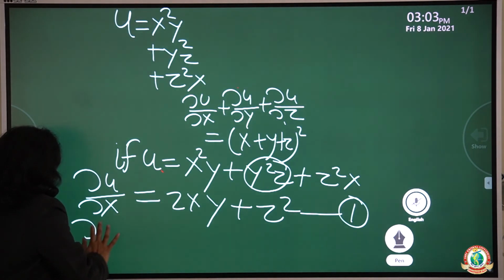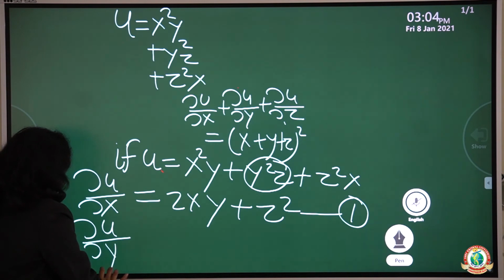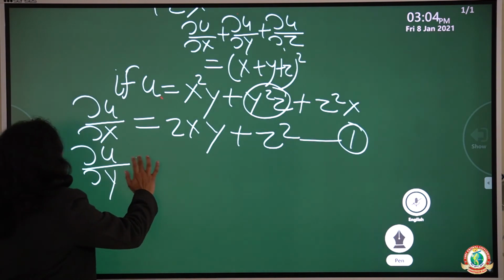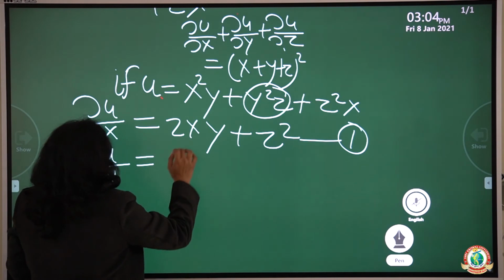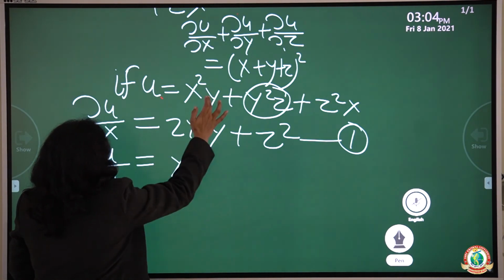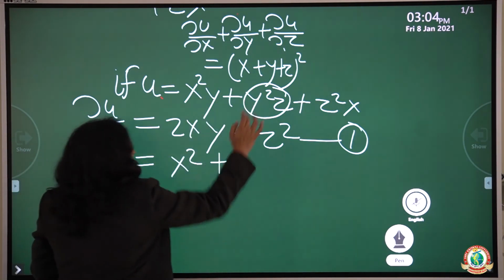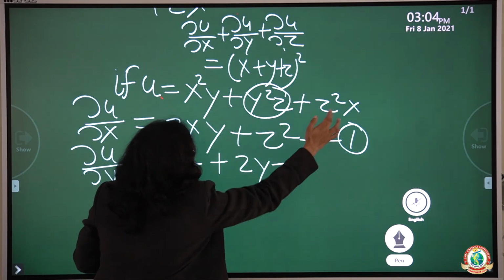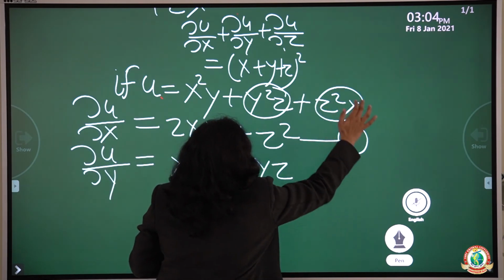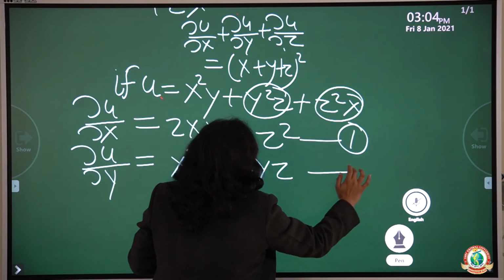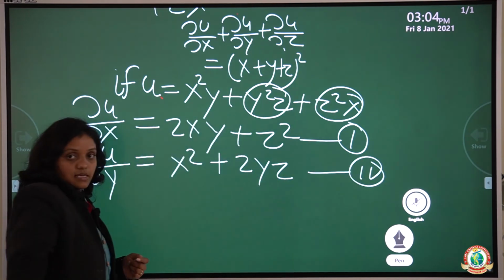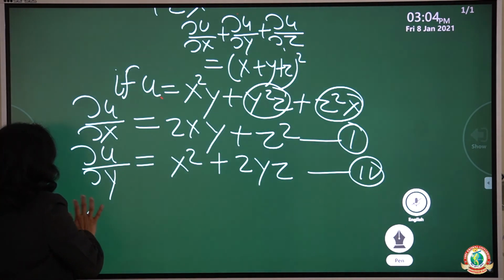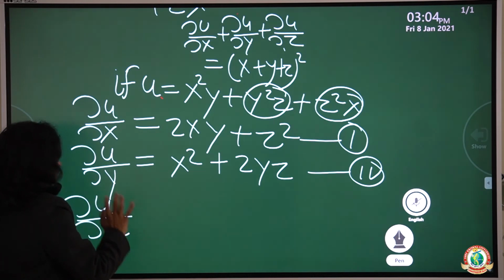Next, we differentiate this function with respect to y: x square plus the differentiation of y square is 2yz, and this is the constant variable. So this is the second equation. Now we differentiate the value of del u by del z.